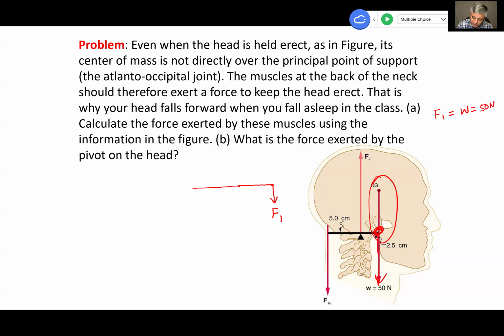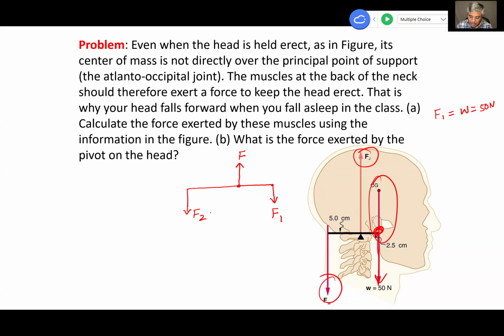And then there is another force from this joint support here, right? So that is going up. And let's say that is simply F. Okay. And there is muscle force that's coming down. Let's say that is F2.